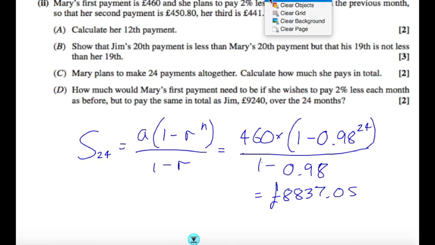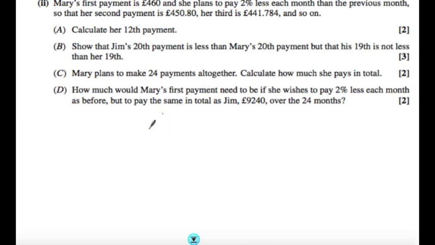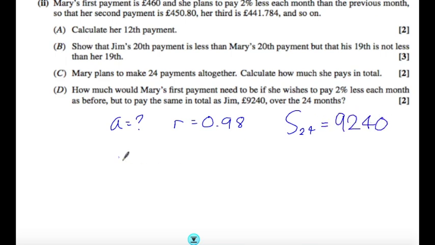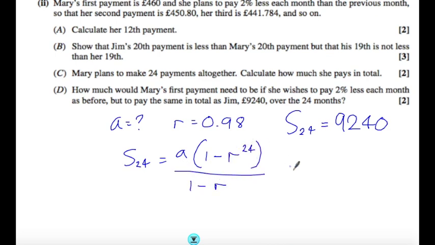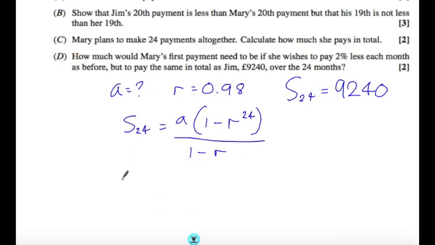Right, part D. How much would Mary's first payment need to be? So we don't know what A is now. If she wishes to pay 2% less each month, so she's carrying on with her R being 0.98, but to pay the same in total as Jim. So in other words, S24 has to equal 9,240. So if we think about our formula for S24 again, so it's going to be A times by 1 minus R to the 24, all over 1 minus R. So we know now this has to equal 9,240.